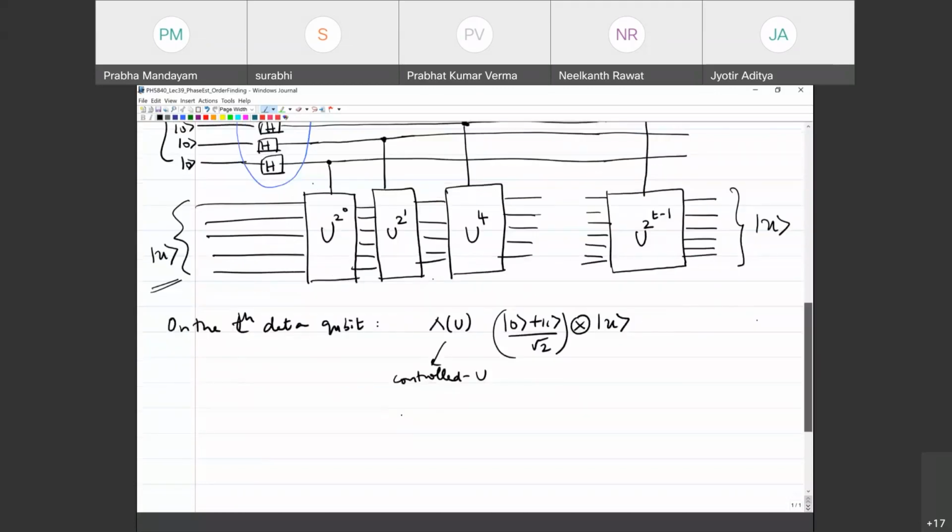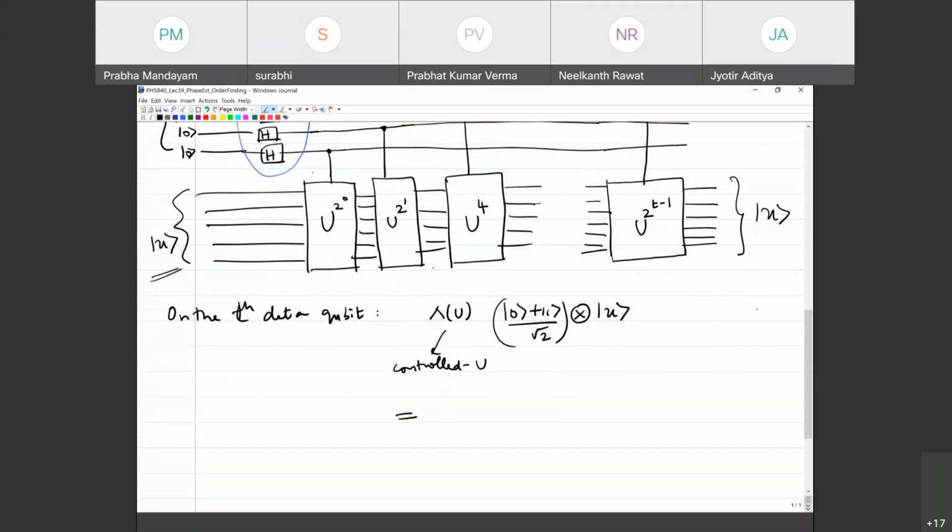So what does this control U do? The first qubit is a control. When the control is 0, nothing. When the control is 1, it's going to act the unitary U on ket U. But the action of U on ket U is simply to pull out that e to the 2 pi i phi phase. So this is what we have.